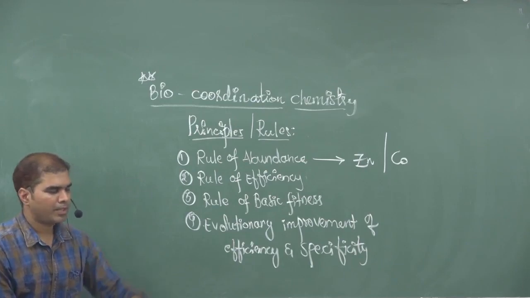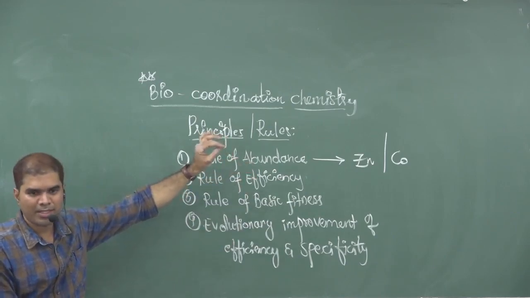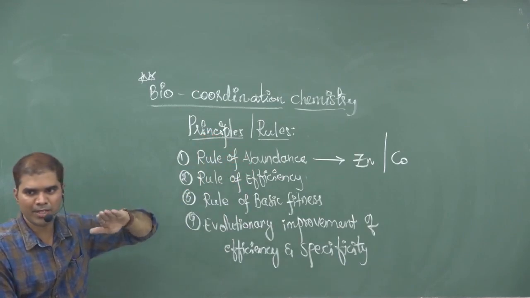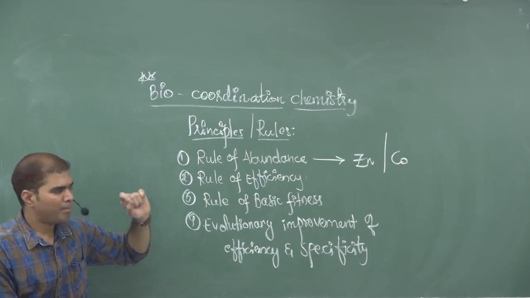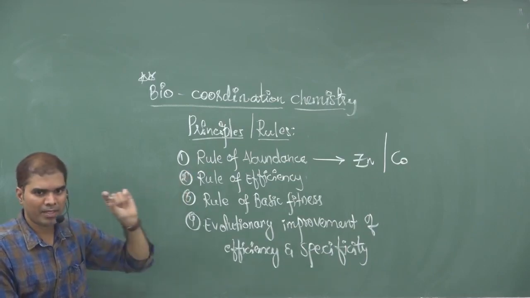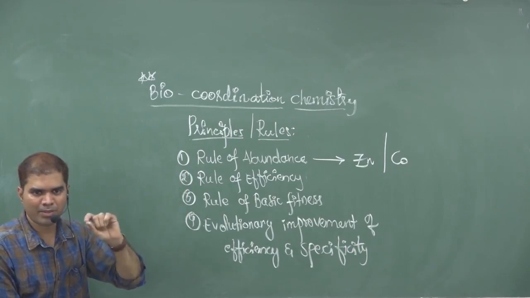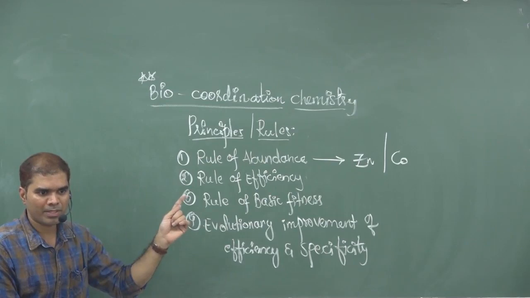Here I am giving you an example, which will also come in the exams. That example is zinc. Zinc is available in most enzymes; most enzymes have zinc at the active site. But if I replace that zinc with cobalt, the same function can be done by cobalt with the same efficiency.